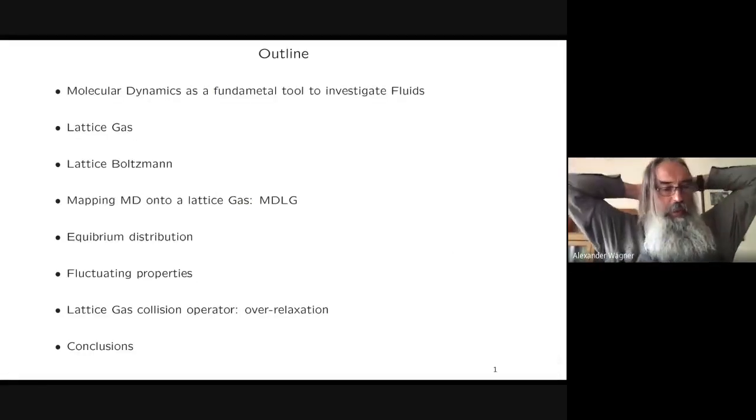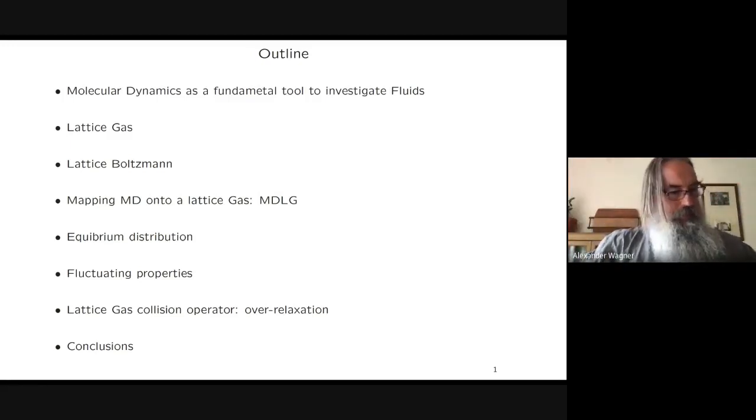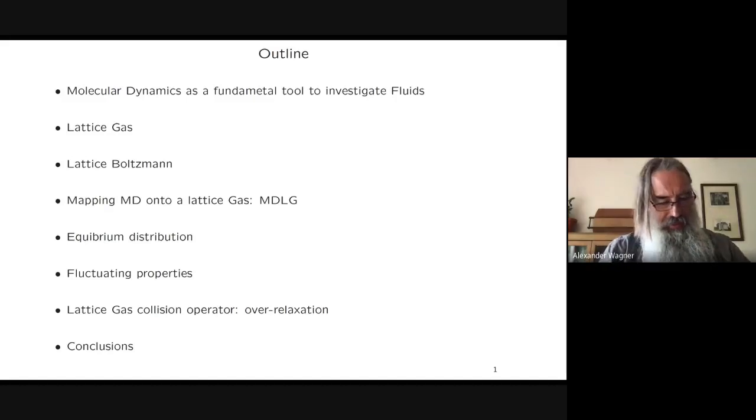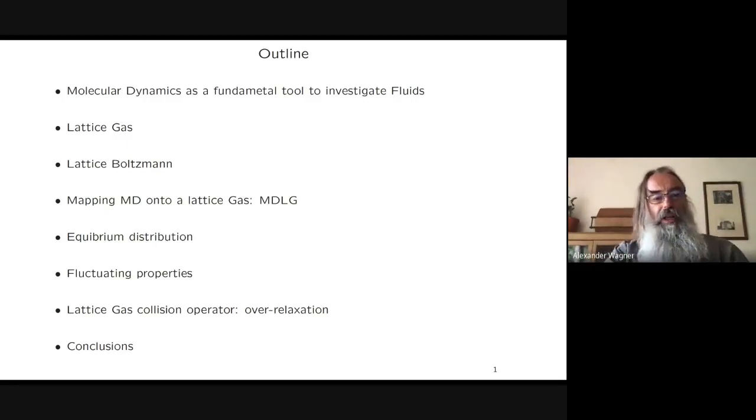So I want to talk about something that goes back to probably what Sauro talked about, the very beginnings of Lattice Boltzmann. We start off with these lattice gases, and these lattice gases come out of the idea that you can have a very simple statistical mechanical model where you conserve mass and momentum locally, and then you get something that gives you macroscopic mass and momentum conservation equations, which then become the continuity and the Navier-Stokes equation.